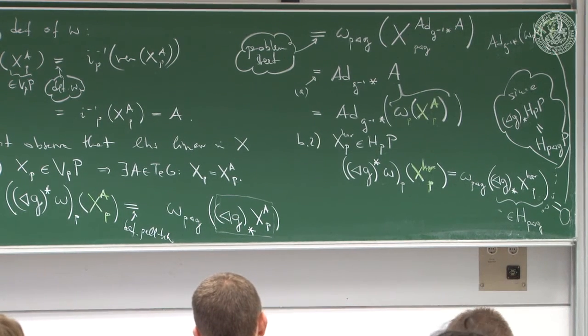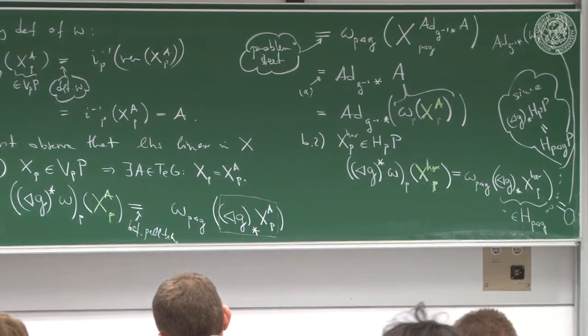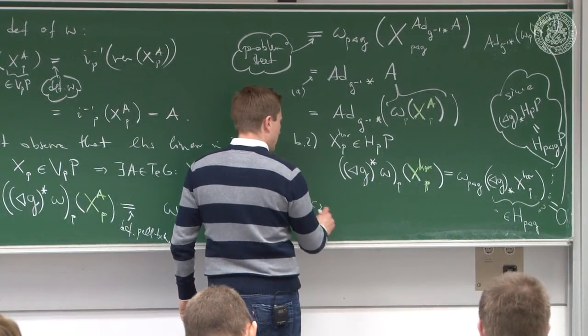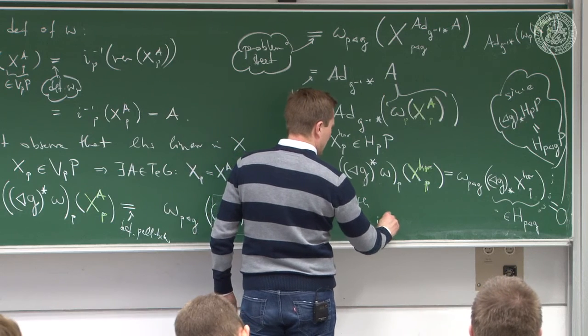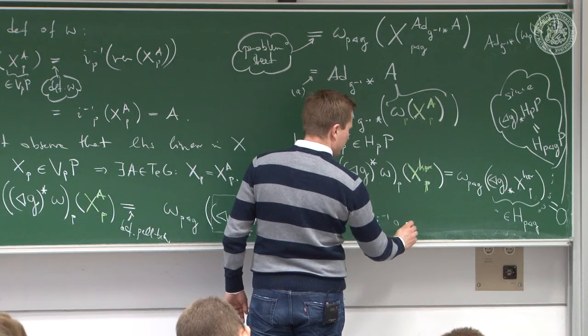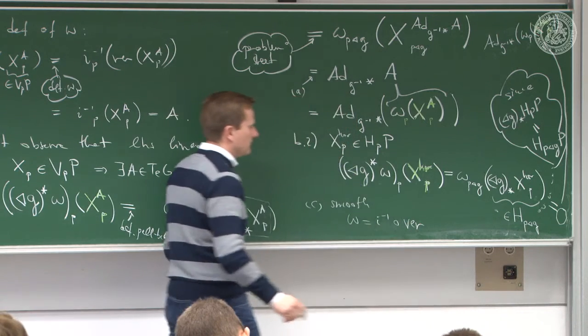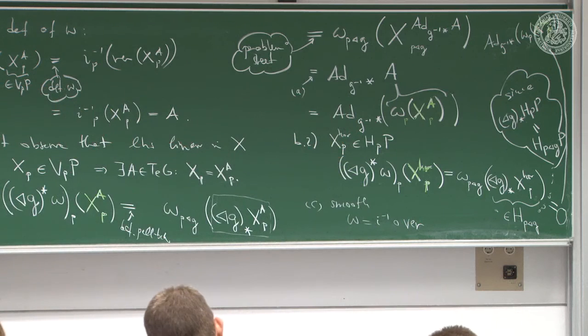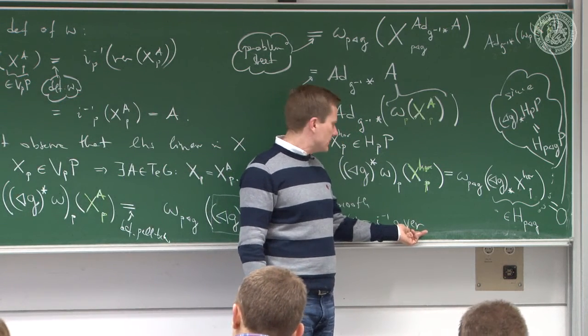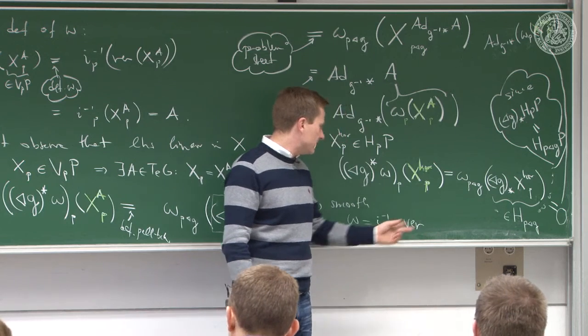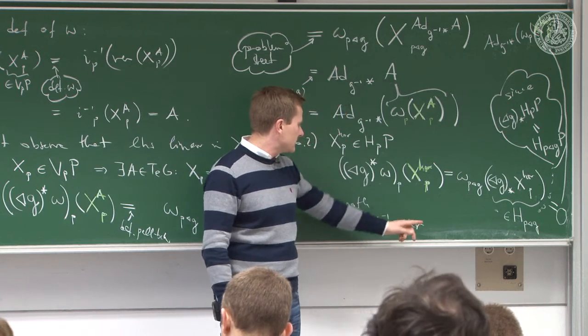Well, and now that omega is smooth, let's squeeze this here. Omega is smooth because omega is I inverse after ver, right? That's how we defined it. Now, it was the requirement that ver yields a smooth vector field if it's applied to some smooth vector field.